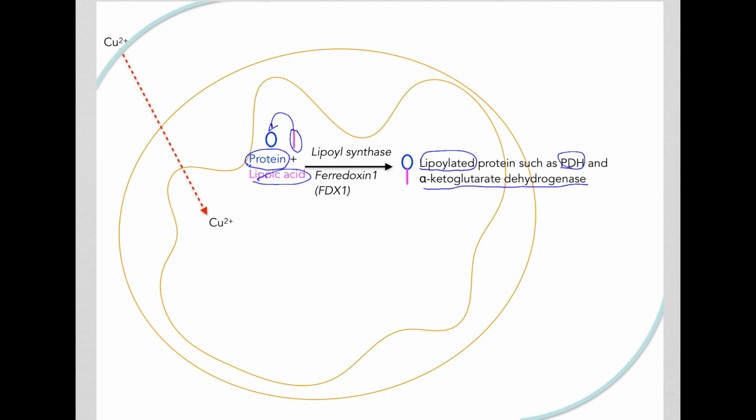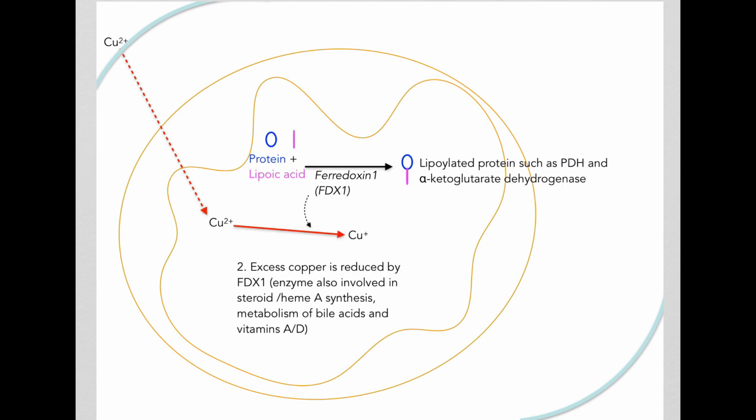Now, this reaction is carried out by enzymes such as lipoyl synthase with the help of the enzyme ferredoxin 1, or FDX1. Now, FDX1 can reduce this Cu2+ into Cu+.